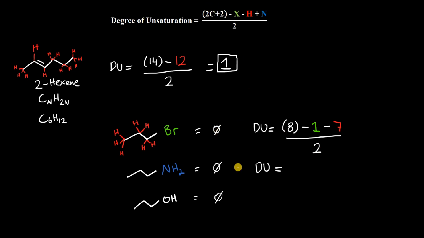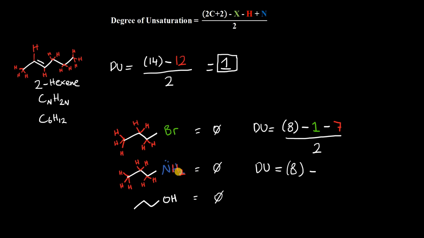2n plus 2 would give us 8 for the amine too, because we have 3 carbons. We double that to give us 6, and we add 2 to give us 8. And we need to subtract the number of hydrogens. It seems like we have more than 7. We have 3 here, and we have 2 at these secondary carbons. That gives us 7. But we also have these 2 hydrogens bound to the amine, so we need to account for these as well.